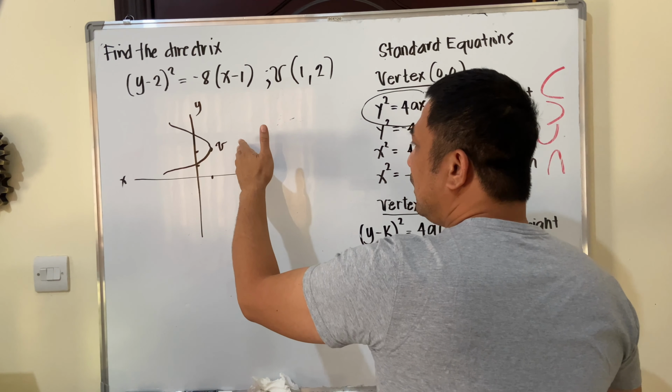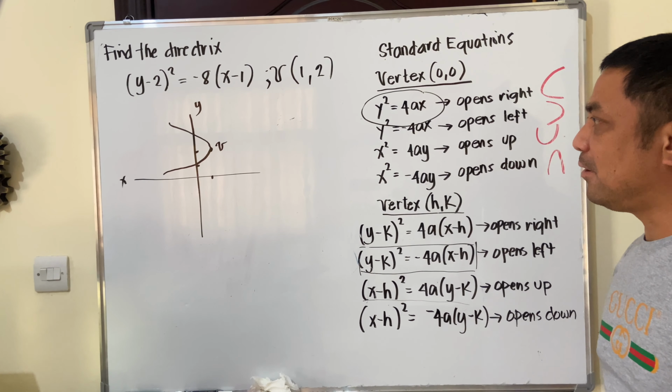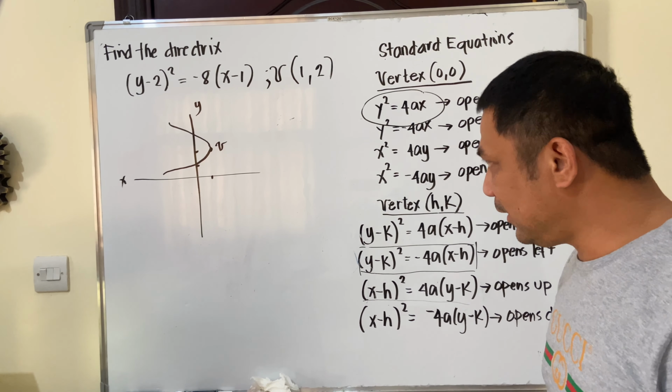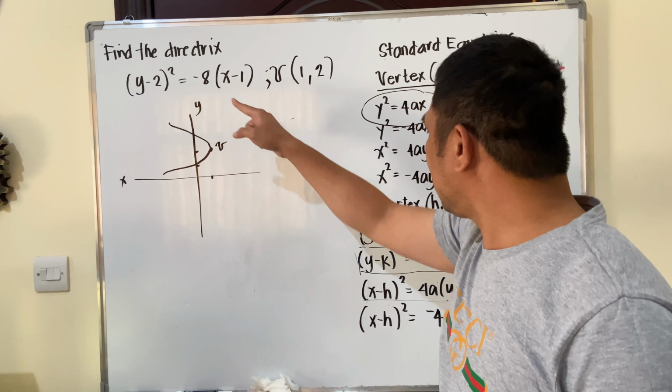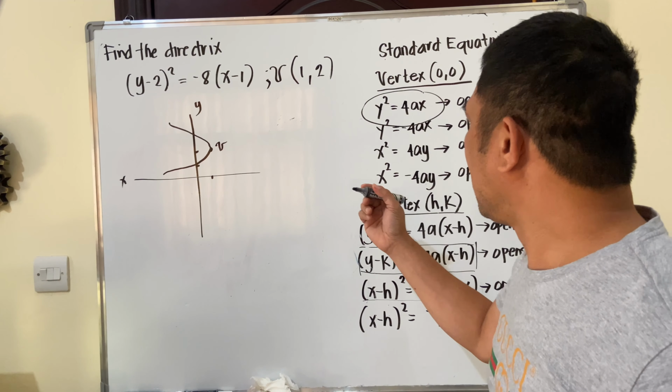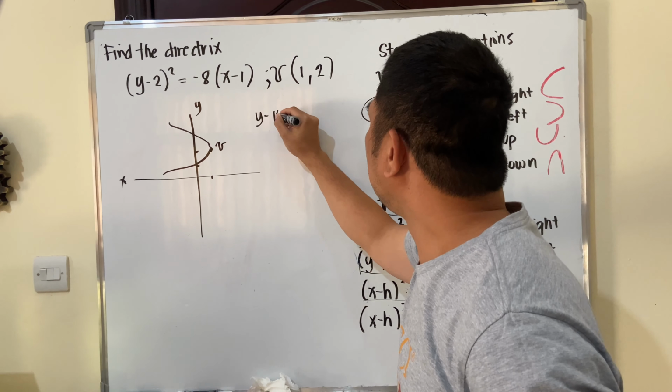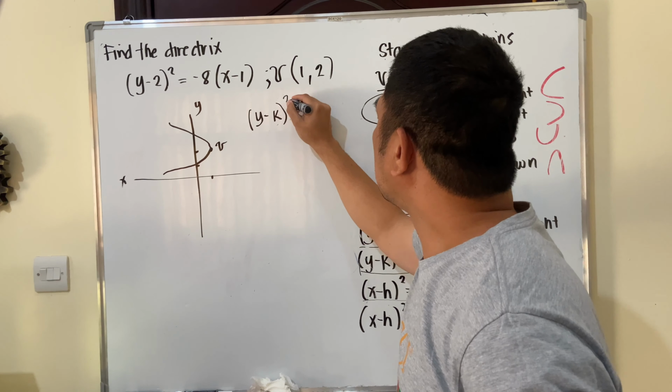How do we find the equation of your directrix? Again, you have (y - k)² = -4a(x - h). So your -4a can be equated to -8.